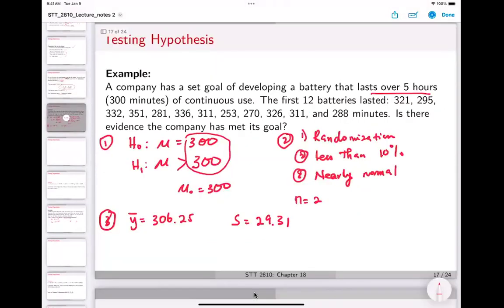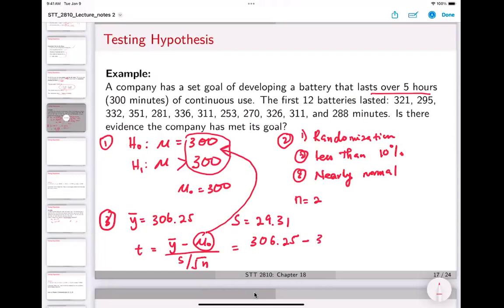So it means that my t is equal to y bar minus mu naught divided by s over root n. Y bar is a sample mean, which is 306.25. Is that okay? Minus the mu naught is always here.